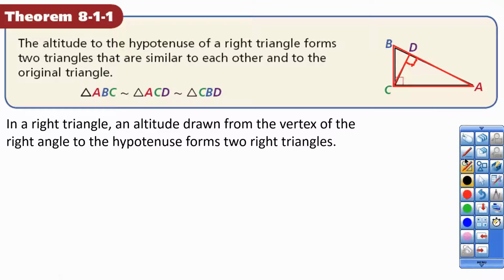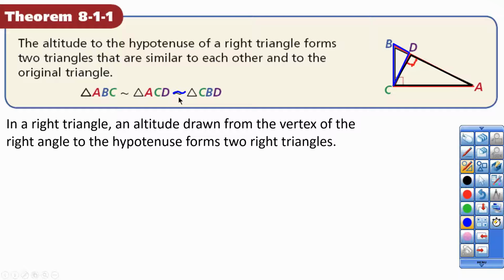So we end up with a right triangle DCA, and we end up with right triangle DCB. So you end up with three right triangles, and the other thing about that is they're all similar.